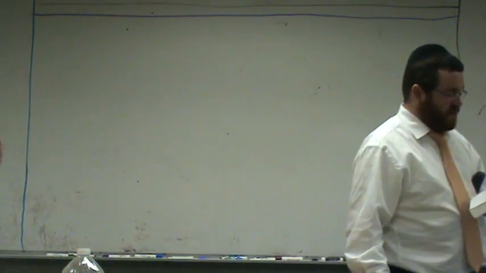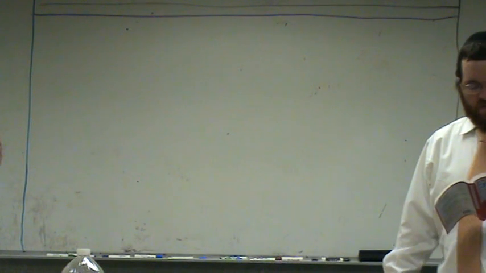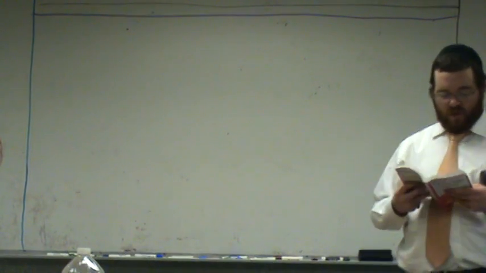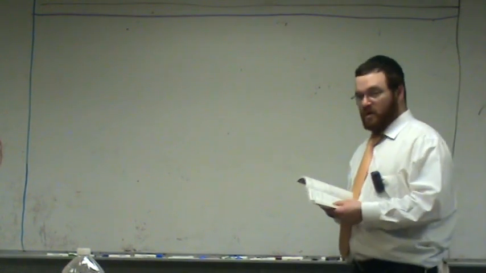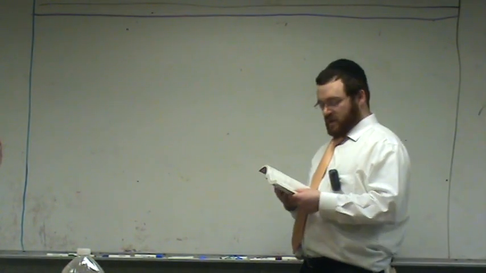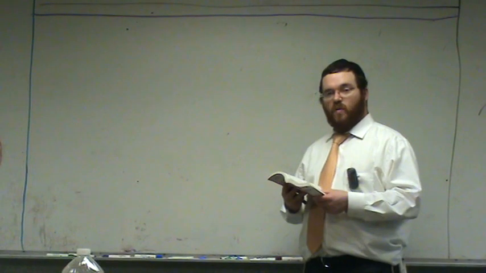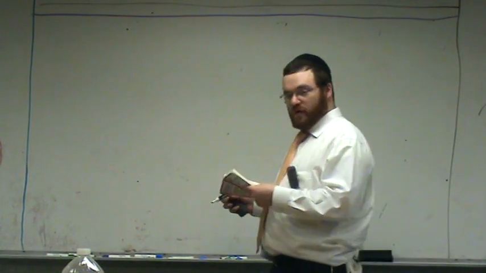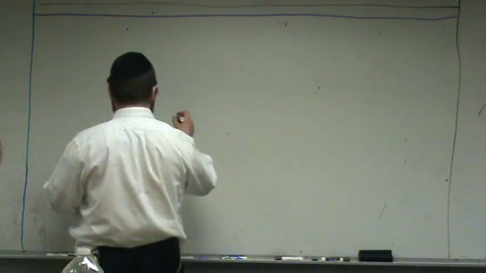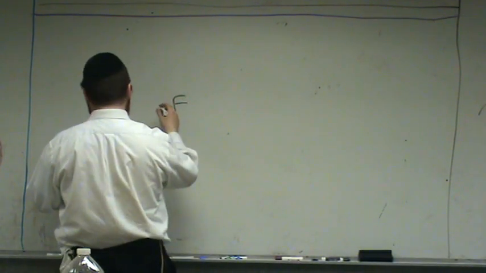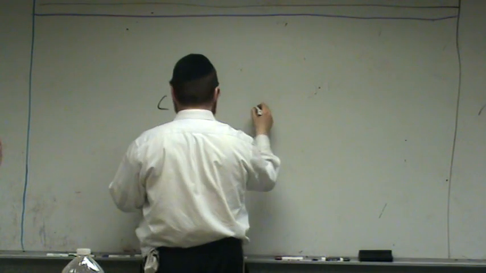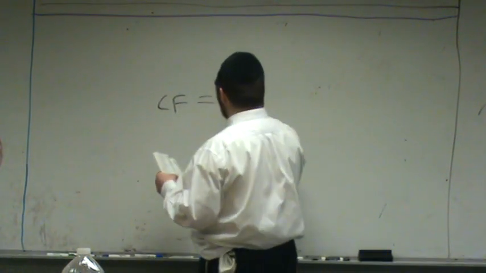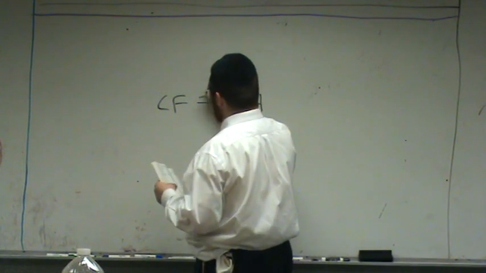Question 10. Given triangle ABC with a base of AFEDC, the median is BF. So between A and C, the middle of line AC is F. So the only one that's true over here is that F is the middle between C and A. So CF is equal to FA, because F is the middle of it.